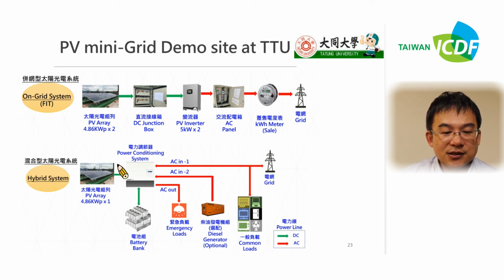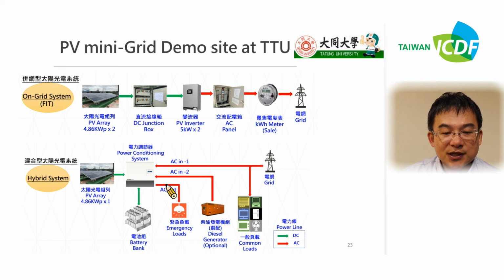And the second one is a hybrid system. We can use the battery bank to store the energy, or for the emergency load, for the emergency condition, we can save the power in the battery, or use it for the lights, or for the air conditioning, for example.